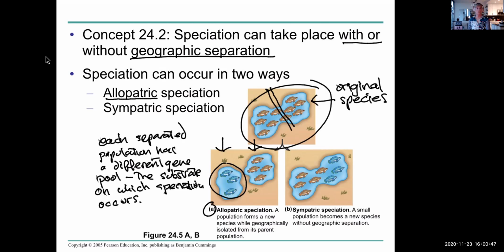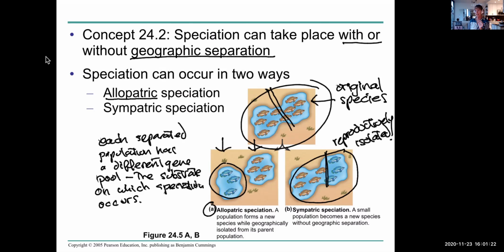So that's allopatric. So the two populations are separated geographically, but sometimes they're not. They may just be in the same lake. Speciation occurs anyway, but it only occurs if they end up being reproductively isolated for whatever reason. So this is a good example of the three-spine stickleback, whereby one stickleback population got to be really small.